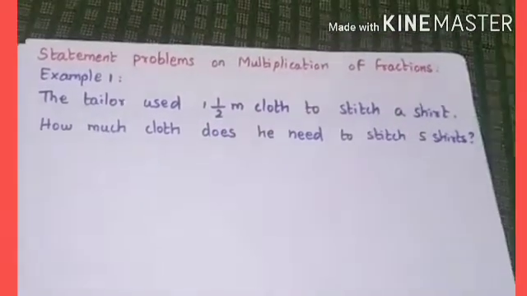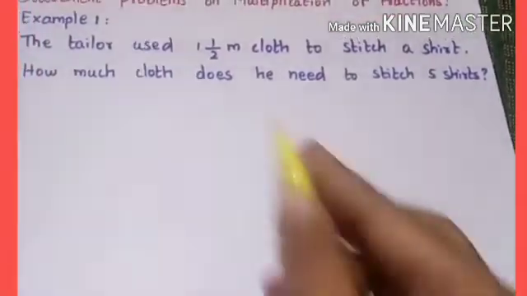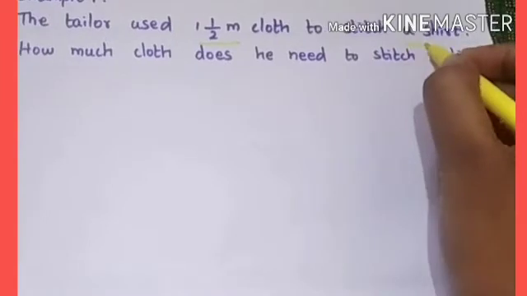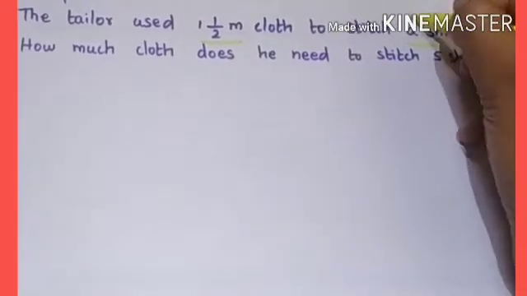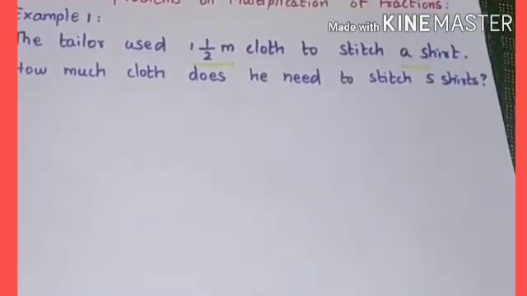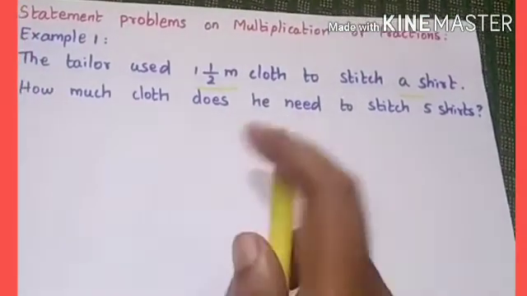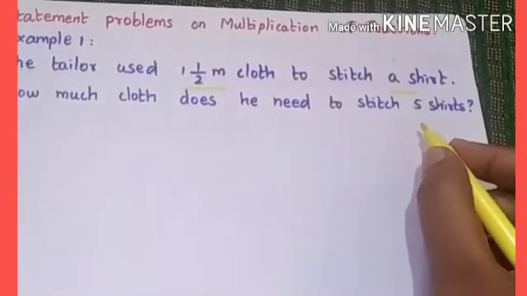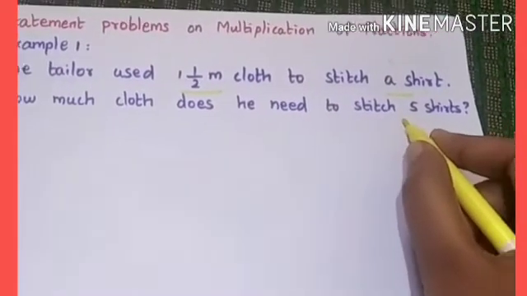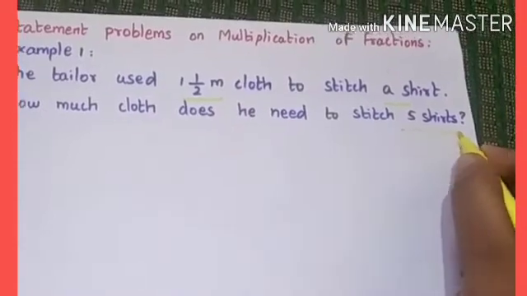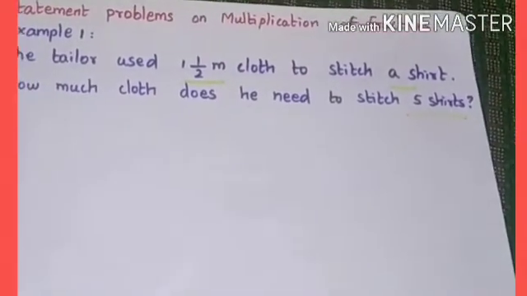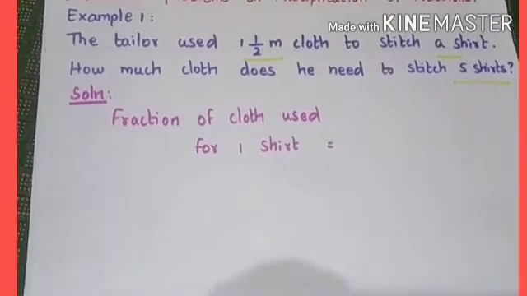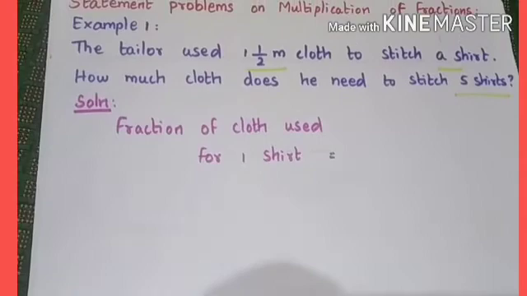Here, we have to find the total meters of cloth to stitch 5 shirts. We have to do the multiplication. Let's write, fraction of cloth used for one shirt is equal to 1 by 2 meter.